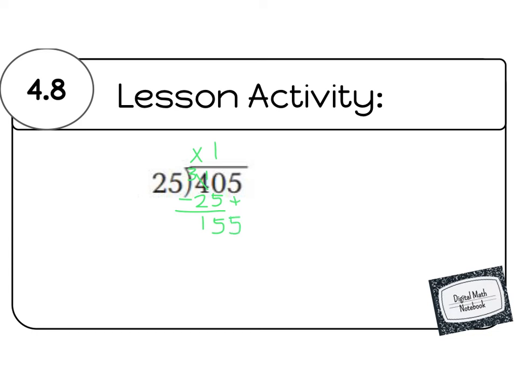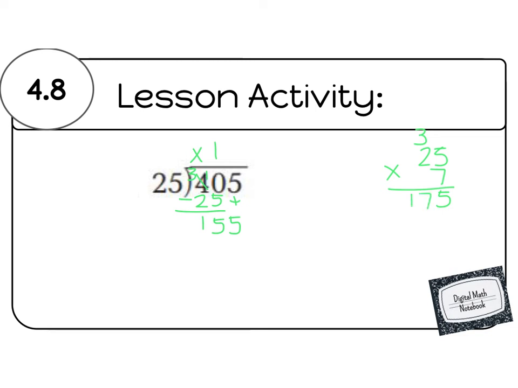So let's count by 25, so it's like counting by quarters to see how close we can get to 155. So that would be 25, 50, 75, 100, 125, 150 would be 7. So 25 times 7, just to check. 7 times 5 is 35. 7 times 2 is 14.